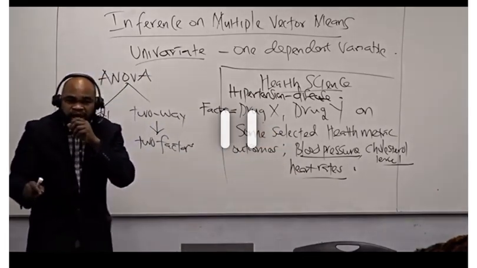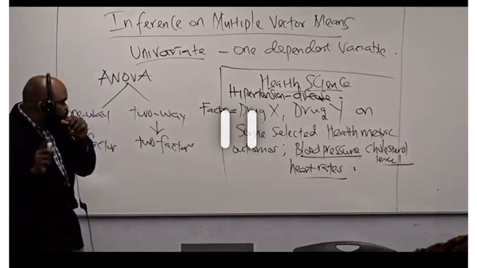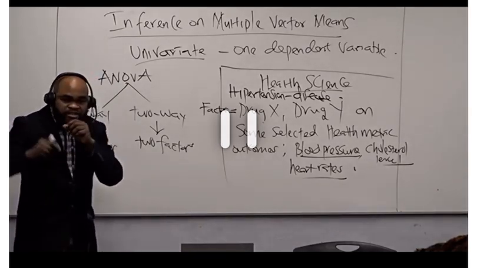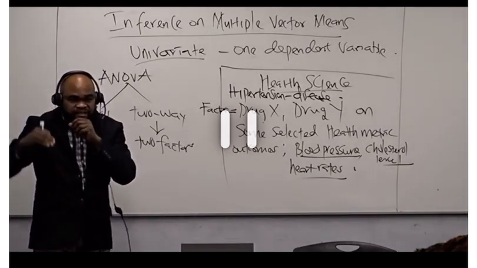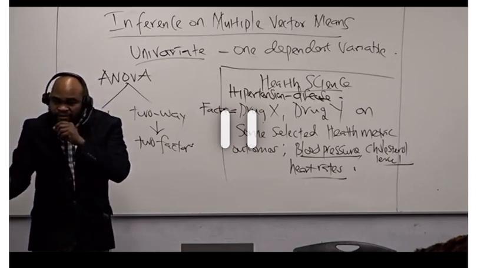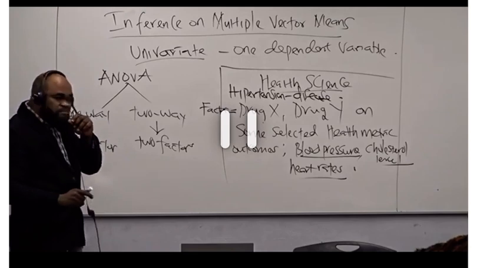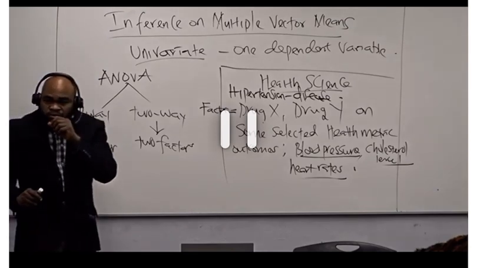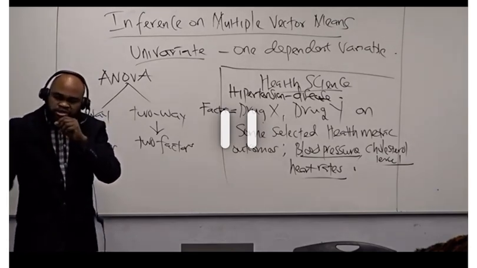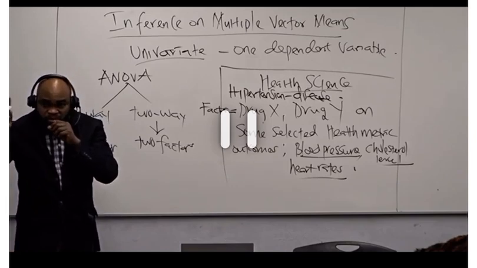The reason is that when you have multiple tests, the type 1 error rate will be exceeded. The probability of making an incorrect conclusion will increase. That is number 1.